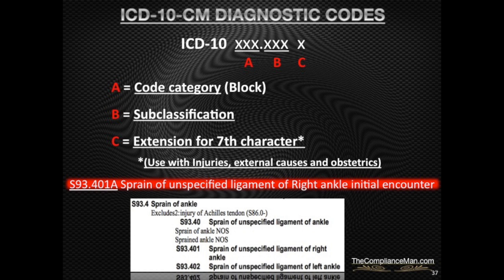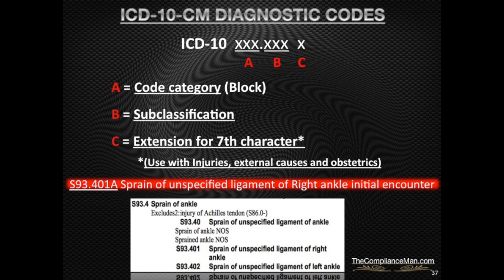And again, C would be the extension for the 7th character, which is almost exclusively used with injuries. And for chiropractors, again, I repeat, that will always be an A. So in this example, S93.401A, sprain of unspecified ligament of the right ankle, initial encounter.